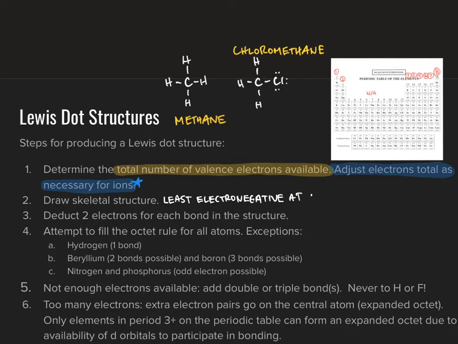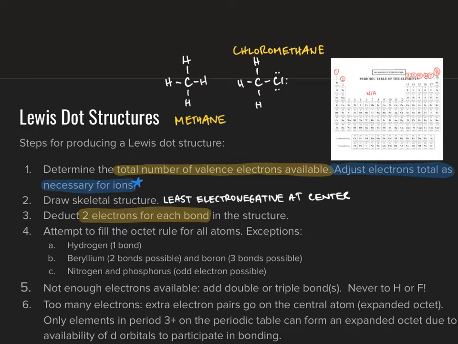So we'll draw your skeletal structure, and then let's place a single bond between each of the atoms attaching to the central atom in the skeletal structure. And while we draw these bonds, recognize that each bond represents a shared pair of electrons. So we'll be deducting 2 electrons for each bond that we put into our structure.